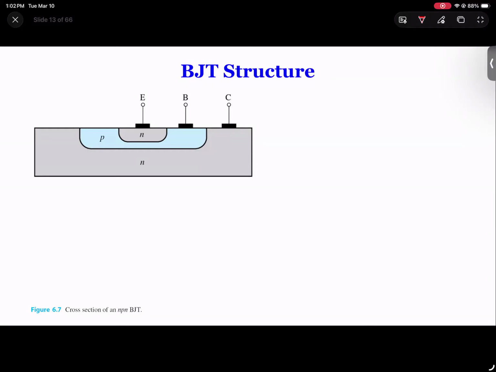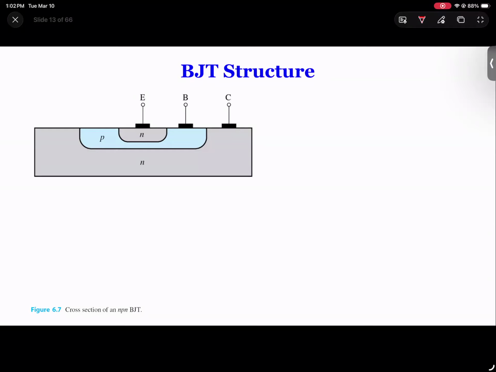For the BJT, you use an N-type substrate. On that, you dig a well, you dump material, the N-type material. Now you have N, P, and N, and then you have E, B, and C, each of which is connected.